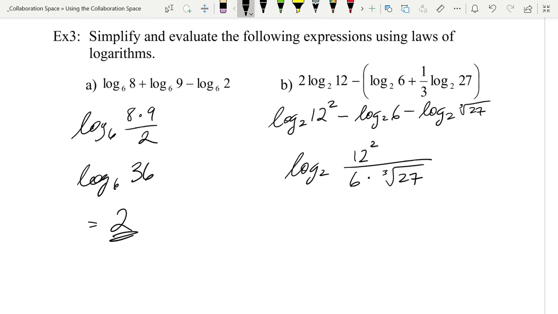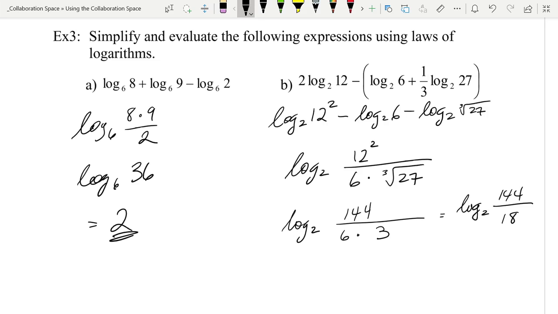And now I'm just going to evaluate. So that's log to the base 2 of 12 squared, that's 144, over 6 times, and the cube root of 27 is 3. So this is log to the base 2 of 144 over 18.